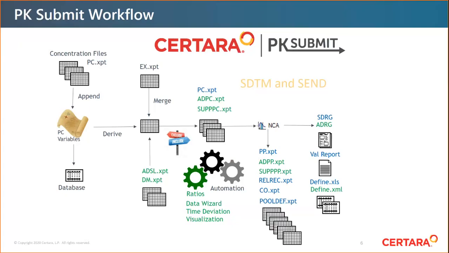We've got time deviation functionality as well as some visualization capability to help users make decisions about their data. Once we've done all that, we can actually create the PC domain as well as the ADPC and the supplemental qualifier for the PC. All the elements here in green are things that are really new to the latest version, while the blue elements were there in the 1.0 version.